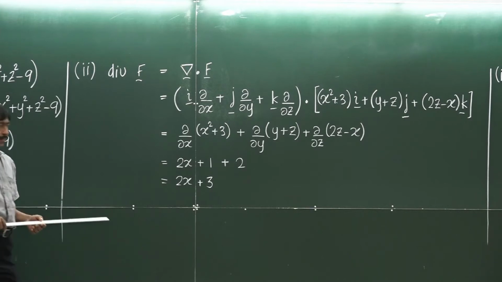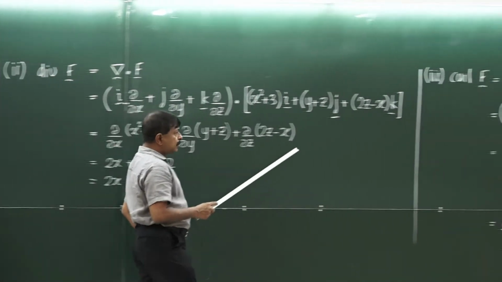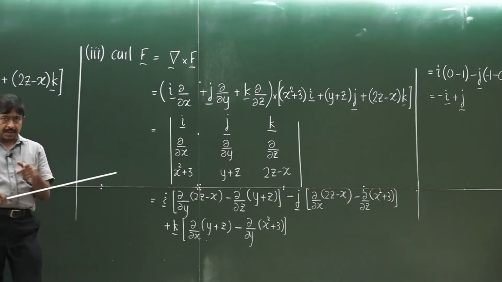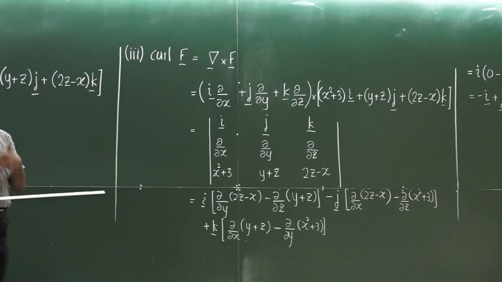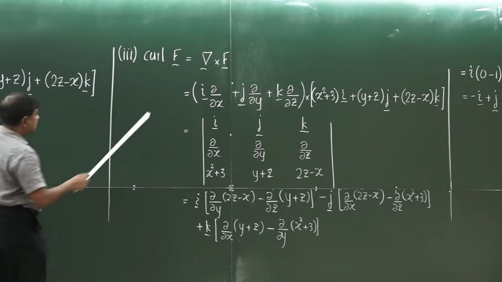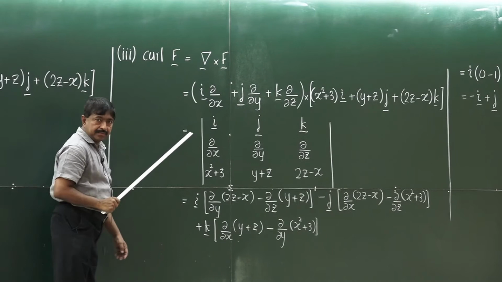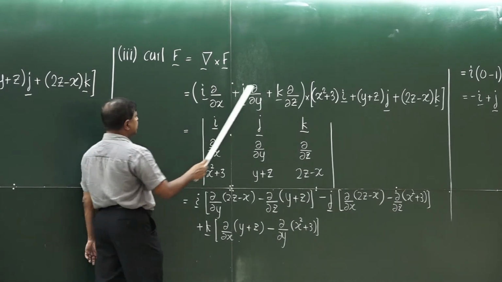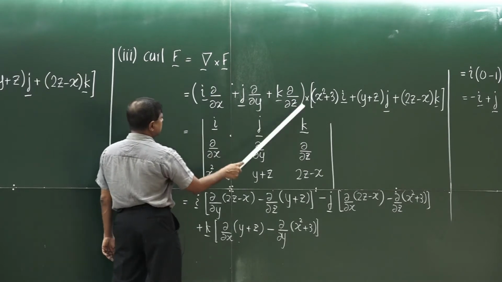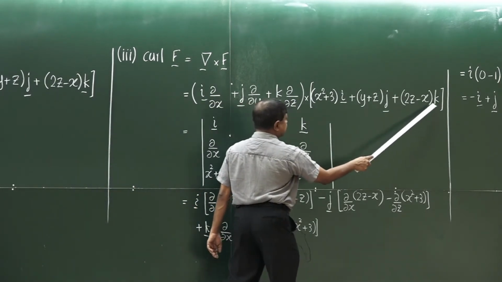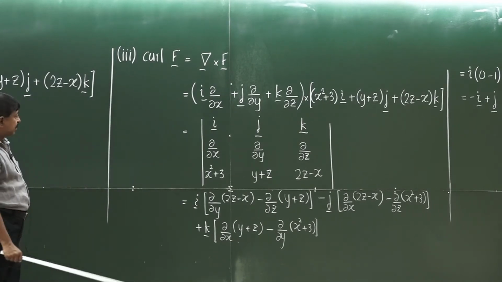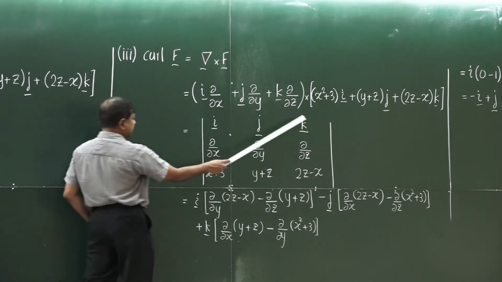Now, if you move to the third one, curl f is simply the cross product between the grad operator and the vector field f, with the grad operator coming first. Now, in this case, this is the grad operator, curl, and this is the function, this is the vector field. Now, if you want to get the cross product, the easiest way is to get it as the determinant.